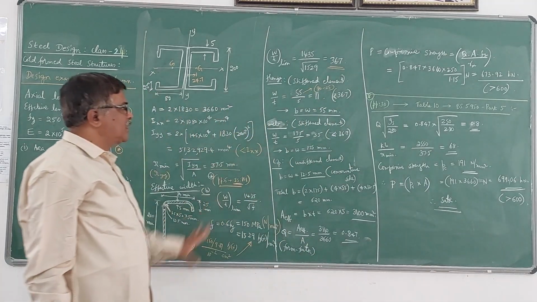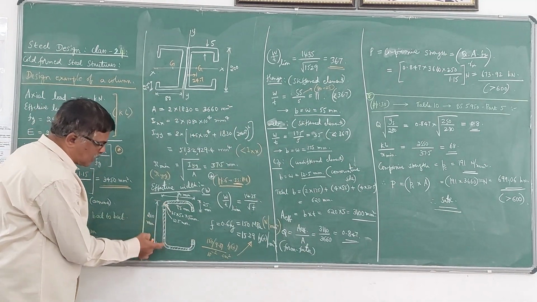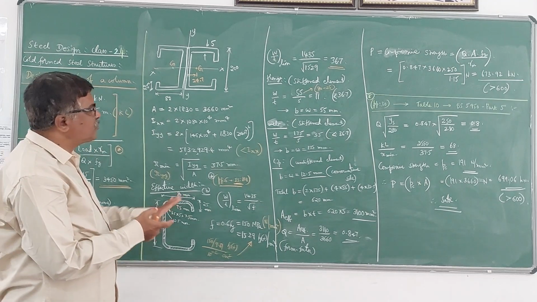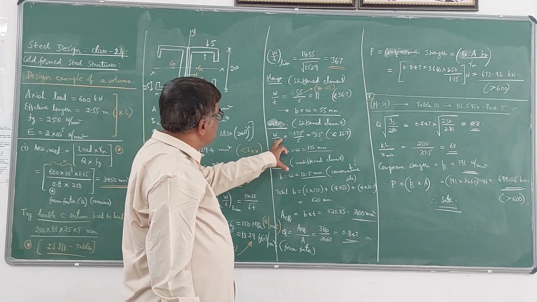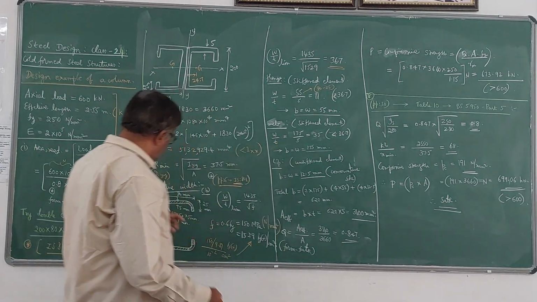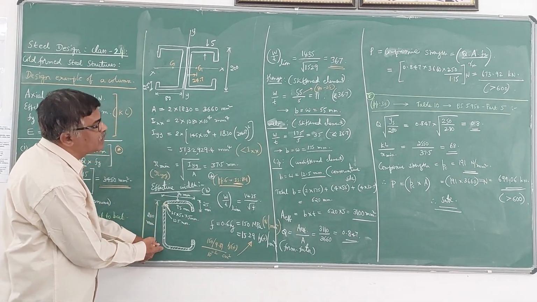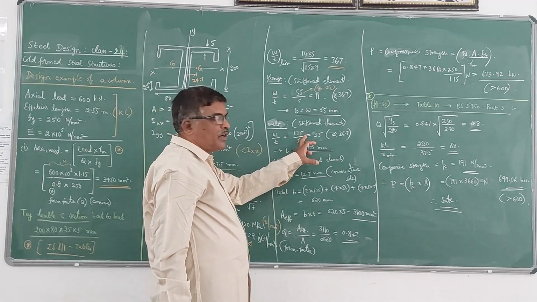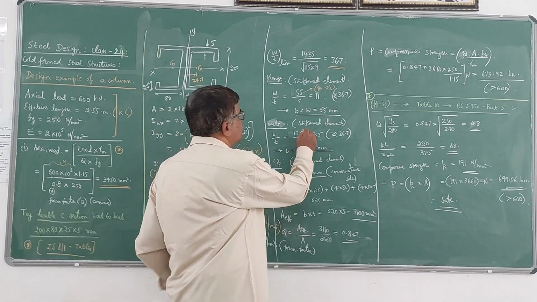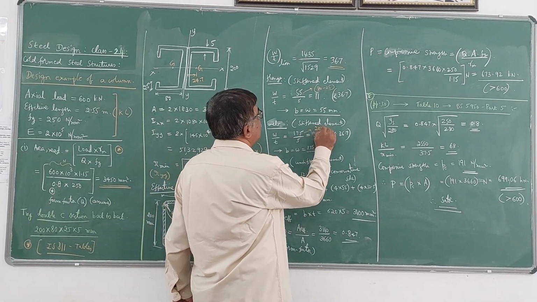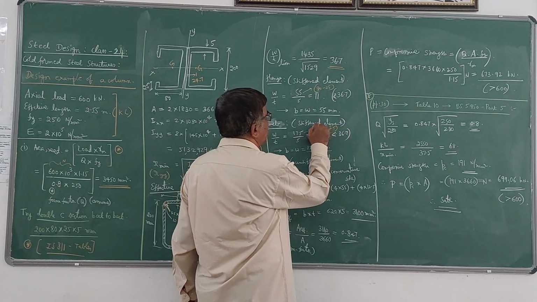Now coming to the web, it is also taken as a stiffened element, because on either side it has got stiffness. In this case, W becomes 200 minus 12.5 this side minus 12.5 this side. So it becomes 175 divided by 5. This 175 is 200 minus 2 into 12.5.